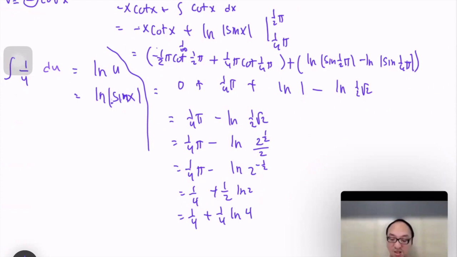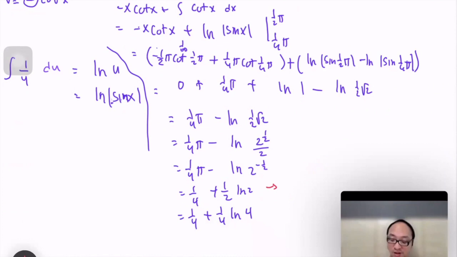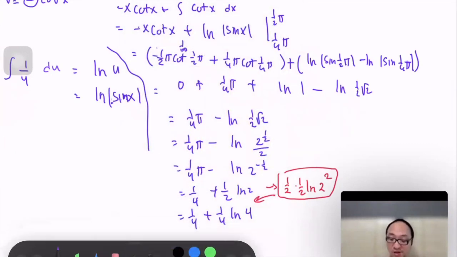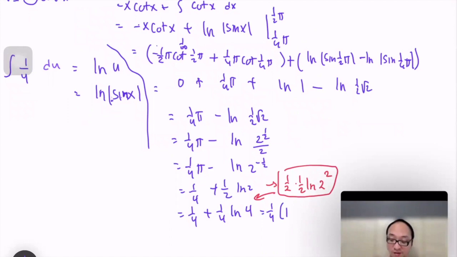So we make the 2 become half times half ln 2 square. So this is the same thing, and this leads us to this. Now we have the same expression, equal to 1 over 4, I forget the pi, pi plus ln 4. Yeah.